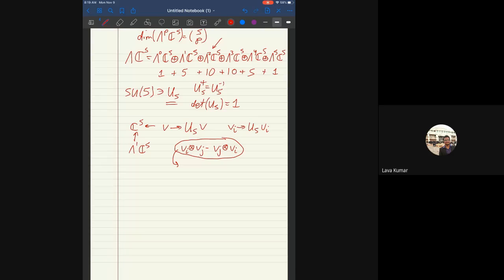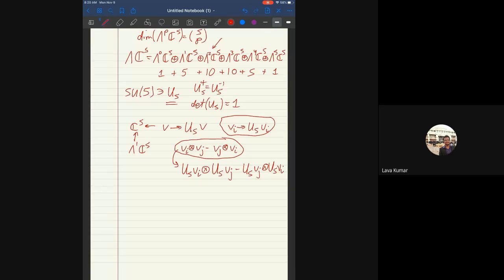So this transformation law for the basis elements of C5 induces a transformation law on all of the bases of the P forms over C5.